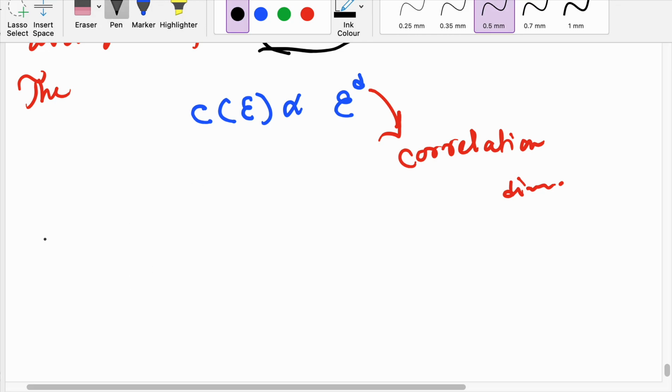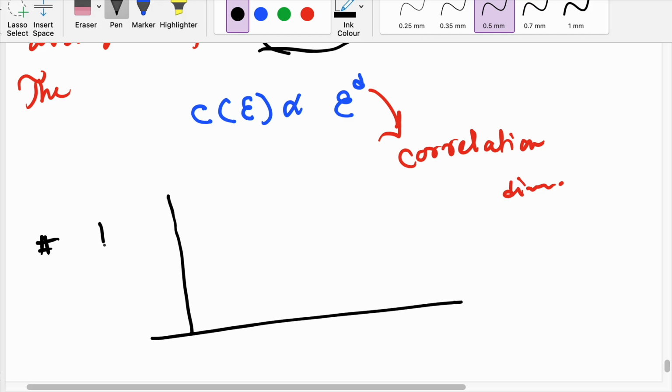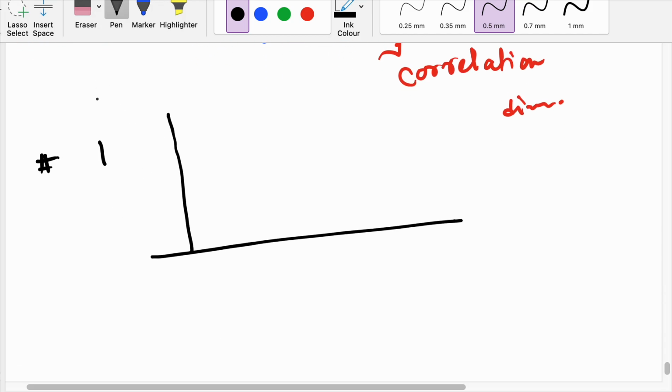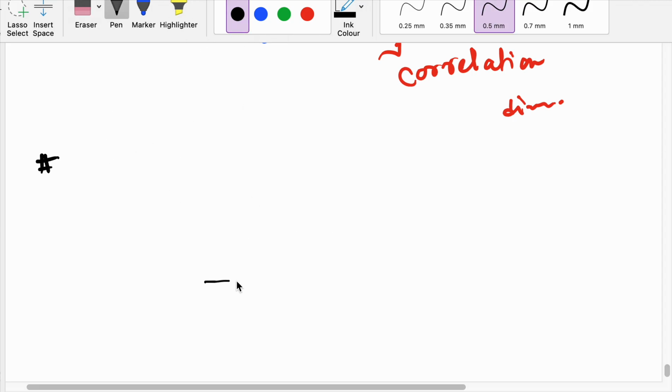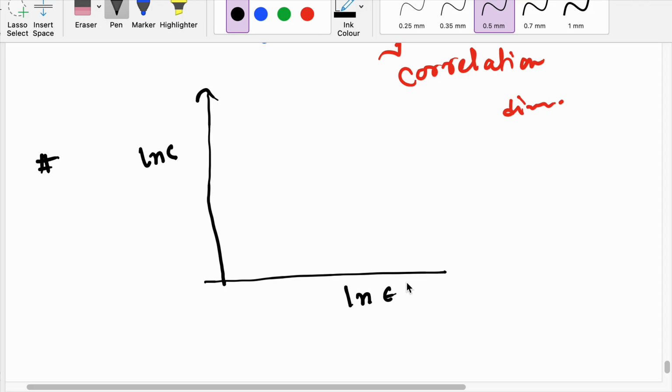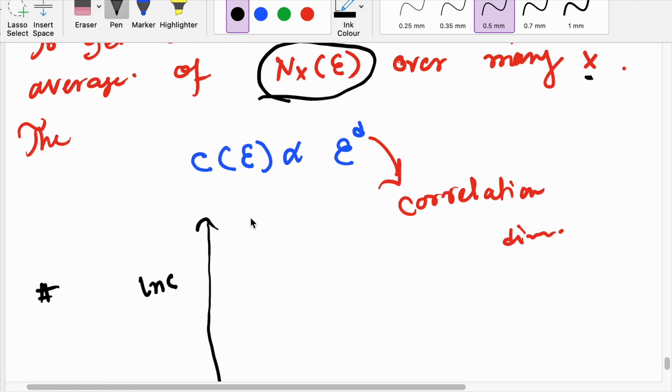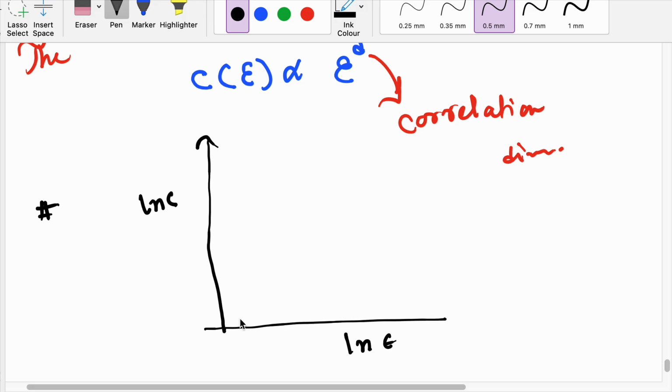Now how will we find that geometrically? If I plot ln C versus ln epsilon, you will find that it should have this kind of structure.